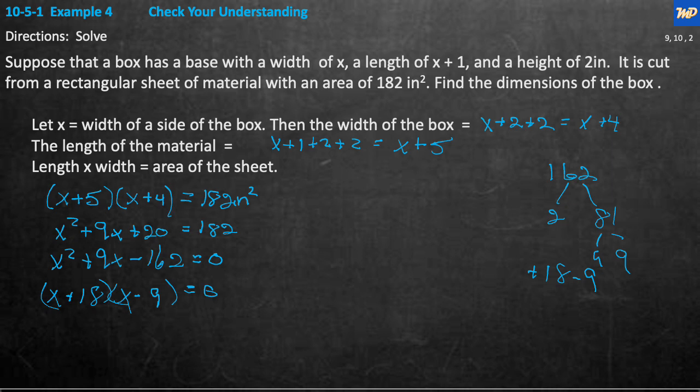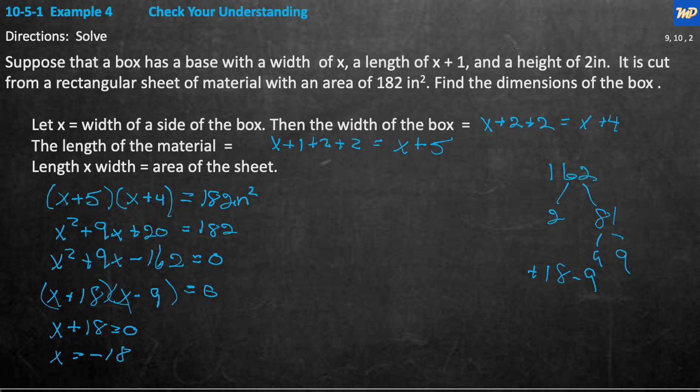Given that, using the zero product property, x plus 18 equals 0, so x is equal to negative 18.